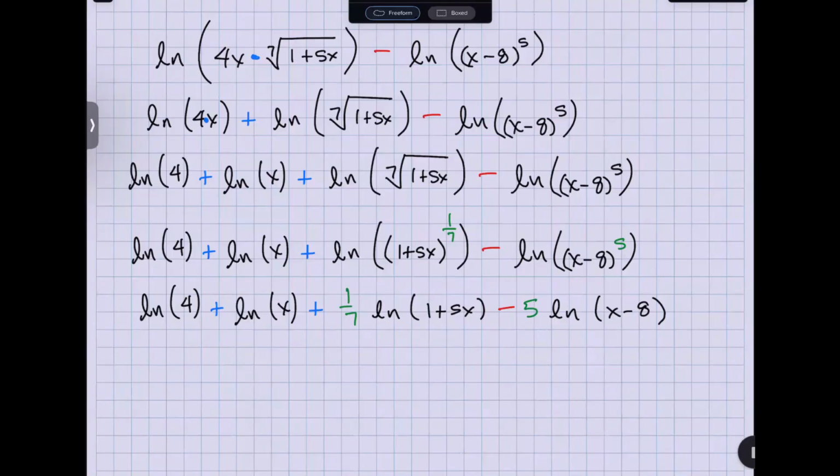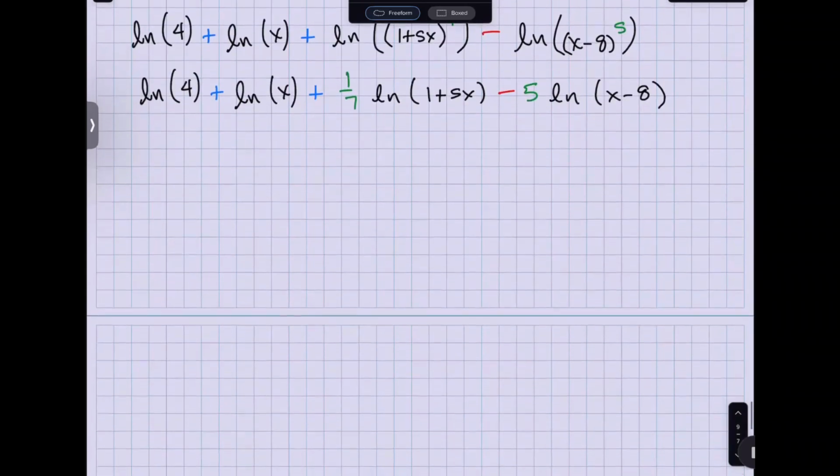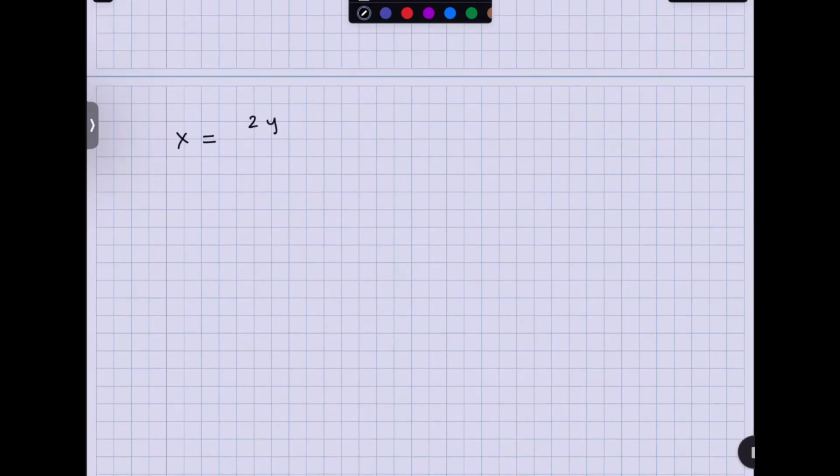I'm a little bit confused since it's the same thing. What do you mean you're confused because it's the same thing? 2x minus 2 divided by negative 2x plus 3. Yeah, it's not the same thing. All the x's turn into y. Then after that you solve for y. So x is going to equal 2y minus 2 over negative 2y plus 3. Solve for y.